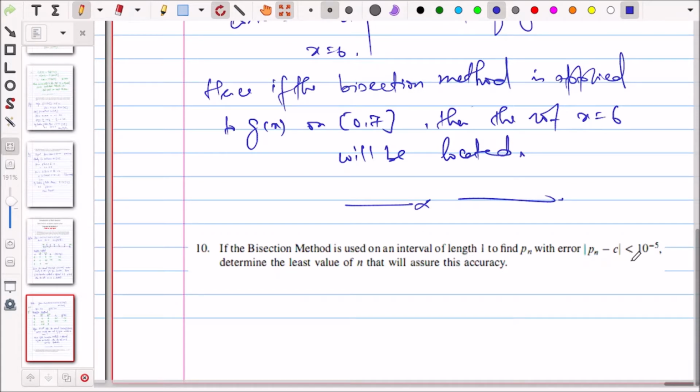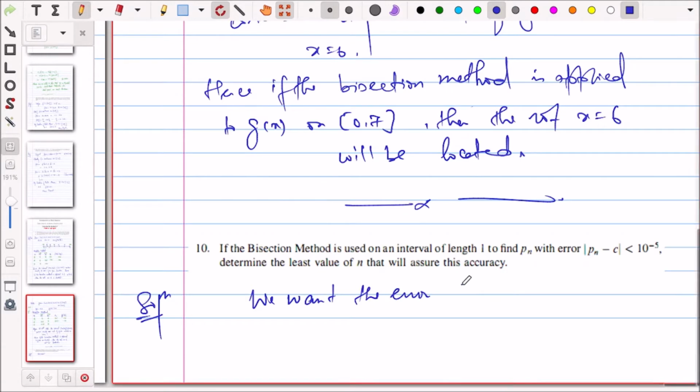So basically we have to show that the error at the nth step should be strictly less than 10 to the power minus 5.